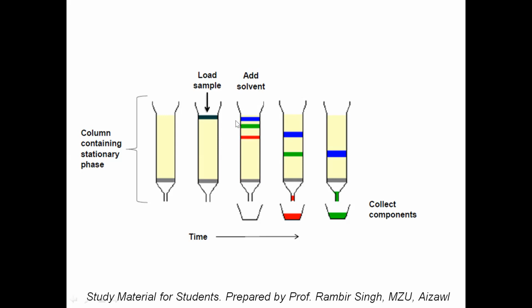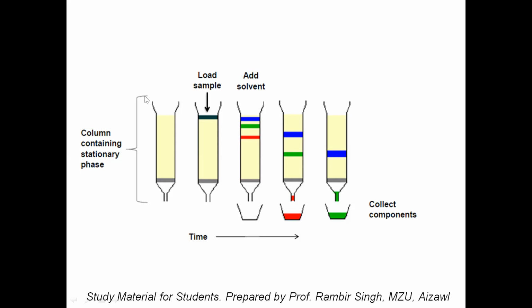Now, if I use a mobile phase which allows the solute to freely interact with the stationary phase, then maybe the red one will come out, but the blue and green will never come out. Why will they never come out? Because their interaction is more as compared to the interaction of the mobile phase with the stationary phase.